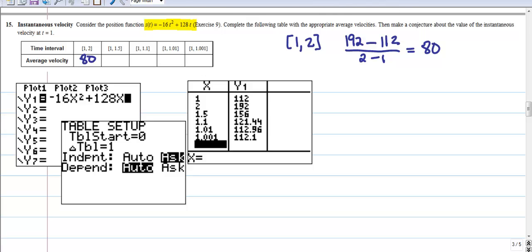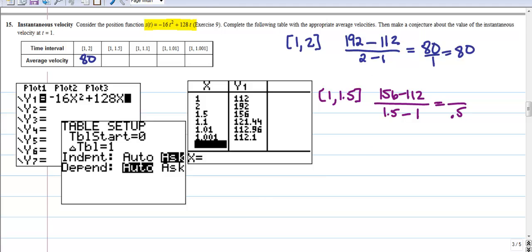And then I could do the same thing for the interval 1 to 1.5. So 1.5 was at 156, so that would be 156 minus 112 divided by 1.5 minus 1. By the way, guys, here I know the denominator is going to be 0.5.